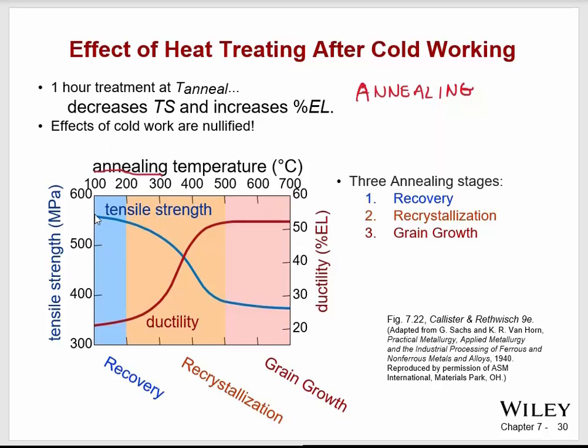then what you can see is there are three phases that this material undergoes, and we'll look at the atomic version of that. The first one is that we have a recovery period where essentially the knot unties.